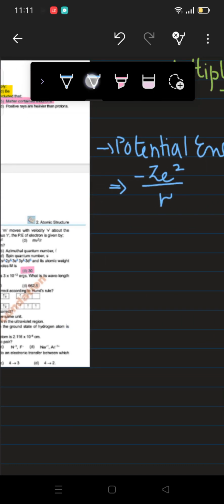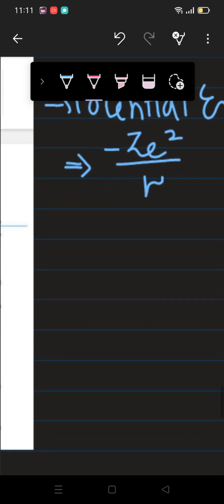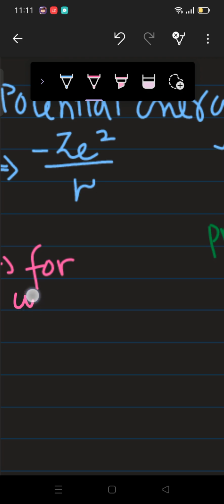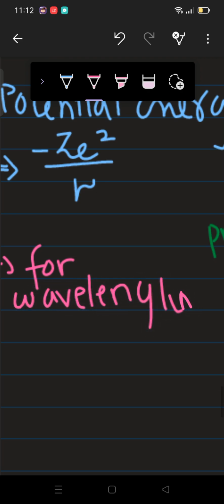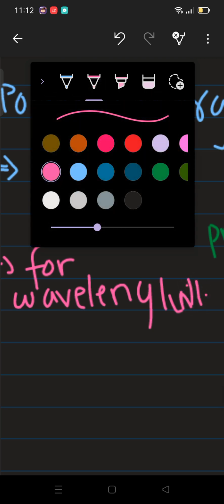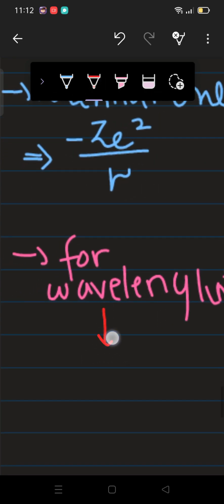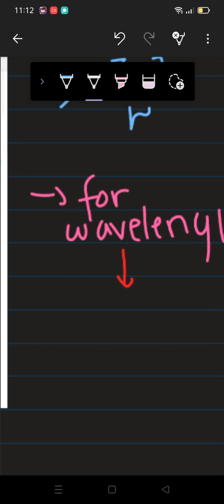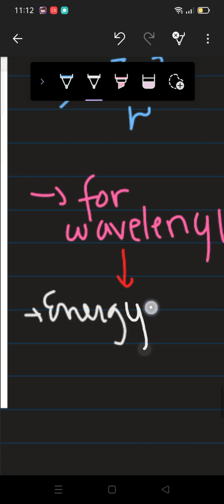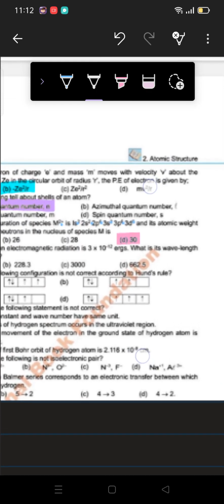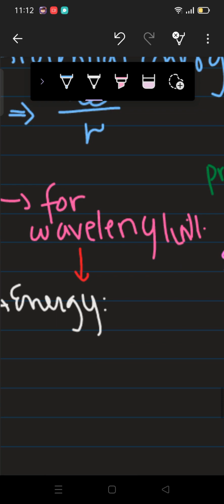We basically know that energy is given to us, and what is given is 3 into 10 to the power minus 12 ergs.